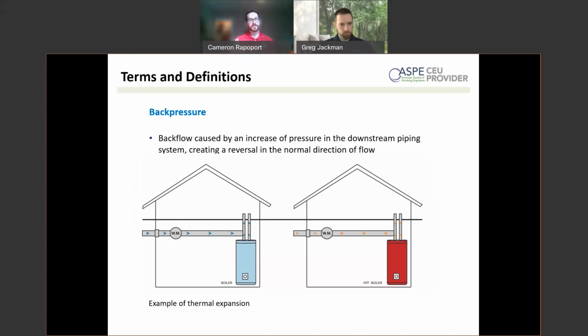You fill it, and the water coming out of the ground is often colder than the ambient temperature. Once you fill it, the water warms up, it expands, and it's going to want to force its way back into your drinking water. So you need a backflow prevention, and you need some means of dealing with that thermal expansion.